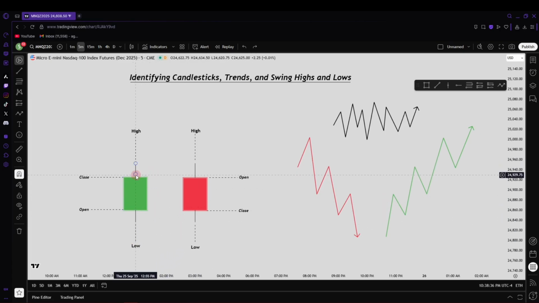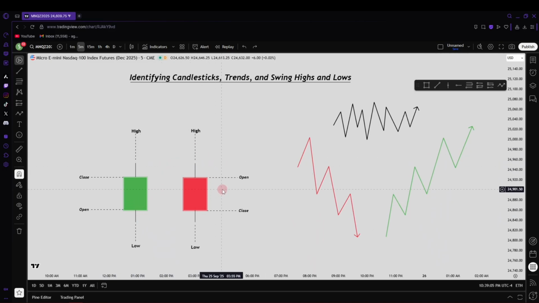So, for a visual example, in this case, this bullish candle will have opened, came low, came all the way high, and closed, thus forming our bullish candle.